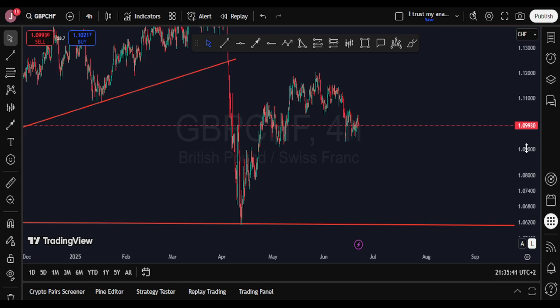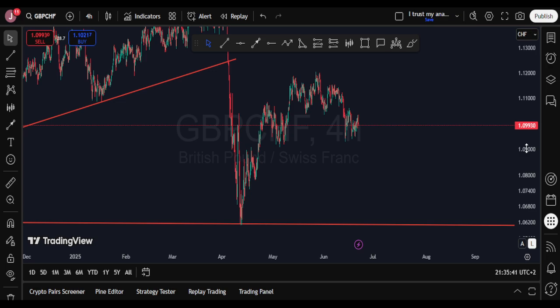playing out. I mean, if you know the nature's theory, you can see that. Let me just show you. Push up, correction, push up, correction, push up, and then a bigger correction, which means now this is a push up, and then this is the correction.